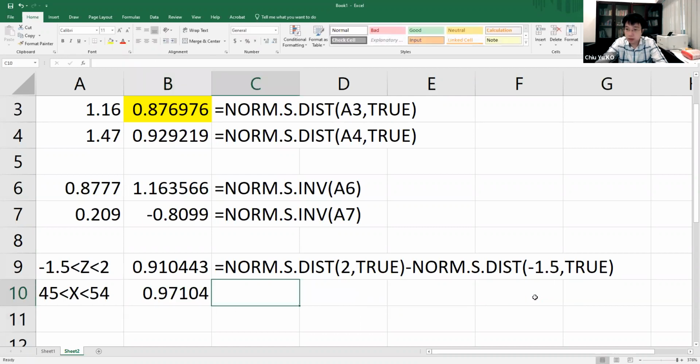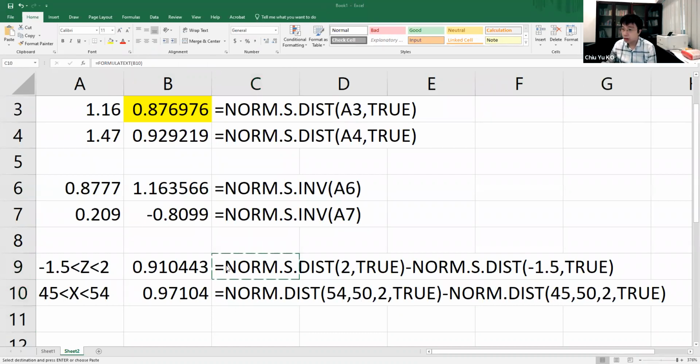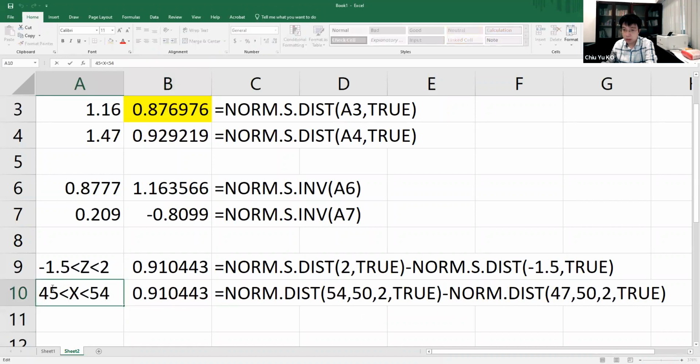So regardless of what you want, sorry, it should be 47. Okay, so you can see the same result there. Is that okay for this one?